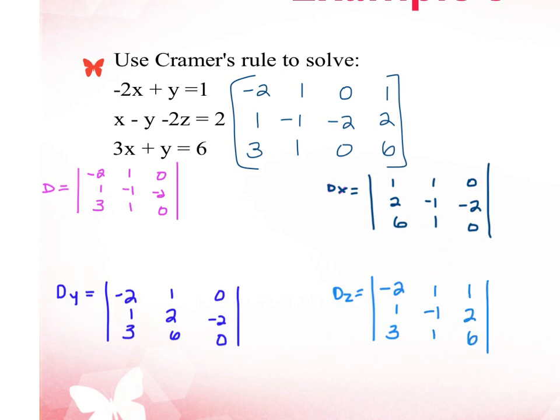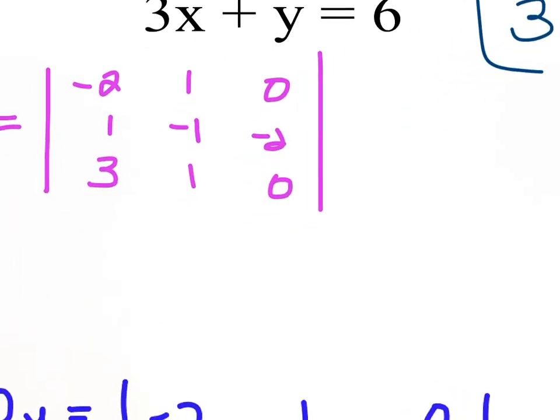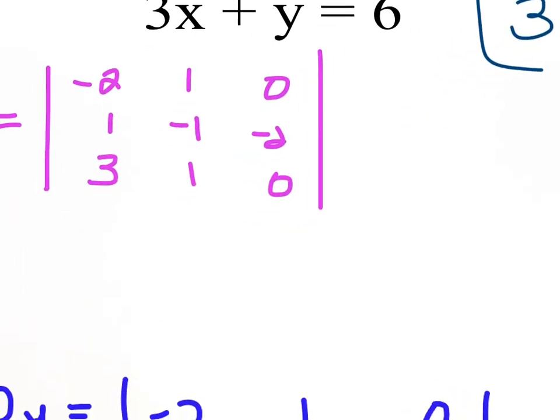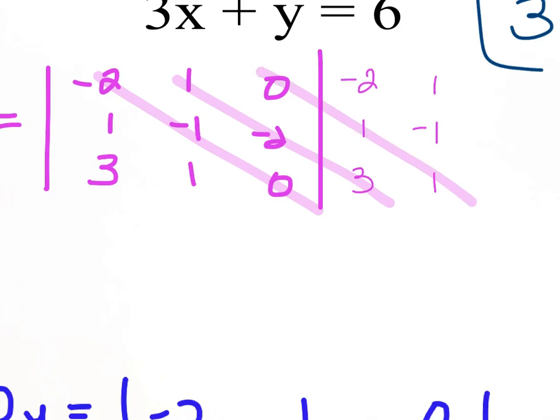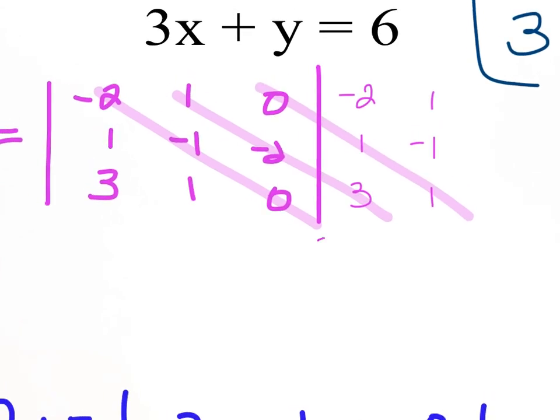Okay, then I'm going to go through and do the individual 3 by 3 determinant 4 times. So the first time, duplicate it to the right. Diagonals, top left to bottom right. That would be a 0, -6, and 0. Oh, sorry, that's not a 2, that's a 0. -2 times -1 times 0 would be 0. 1 times -2 times 3 is -6, and 0 times 1 times 1 is 0.